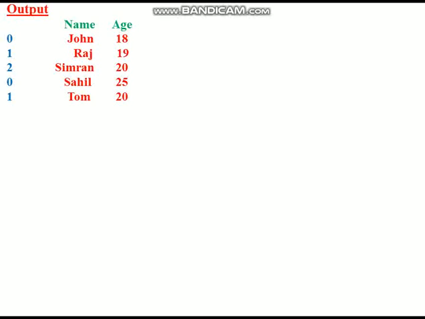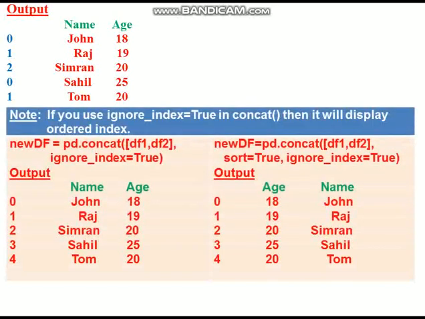So remember, when you join two data frames without the ignore_index attribute, it will repeat the index of both the data frames. But if you use ignore_index equal to True in the concat method, then it will display an ordered index. Example given here.